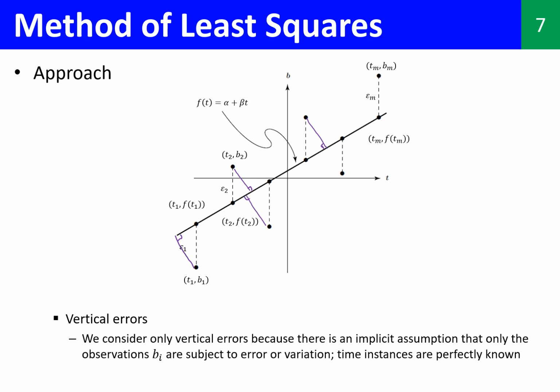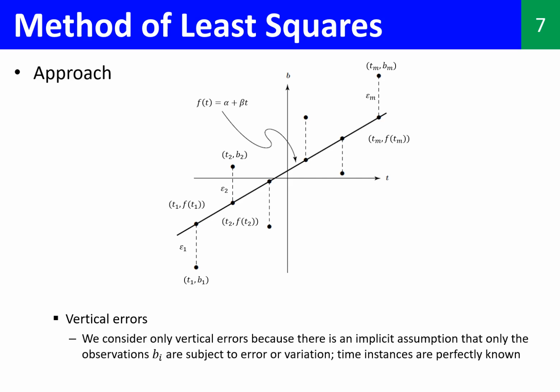So why aren't we doing that, but considering the vertical errors? Can you think of why? We consider only vertical errors because we are going to assume that only the observations Bi are subject to error or variation, and the time instances are perfectly known.